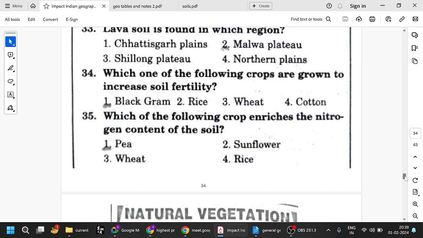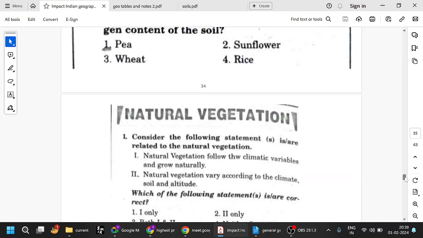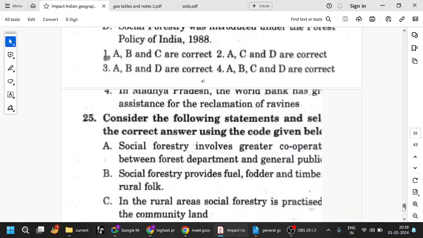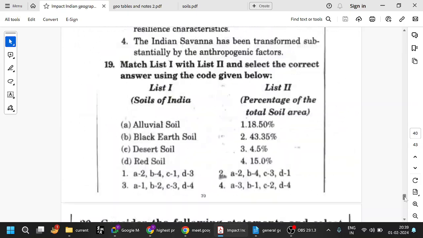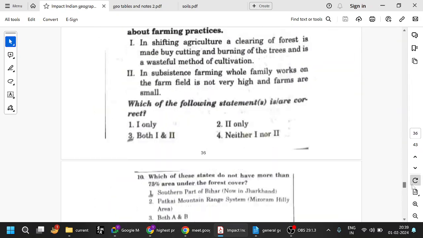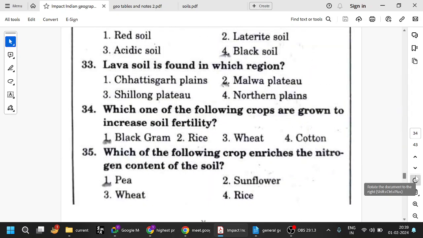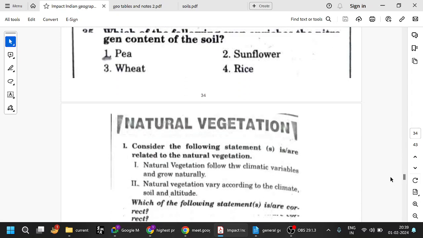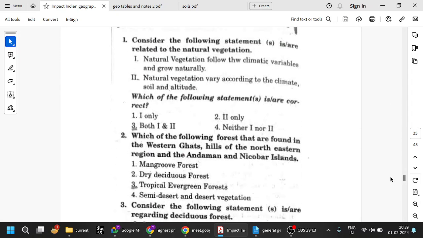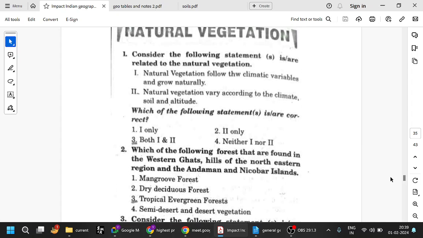And so let us complete natural vegetation also. Let us quickly see natural vegetation. Consider the following statements.